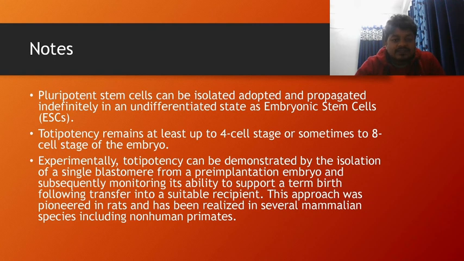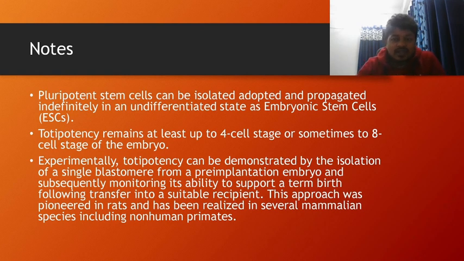And another thing is, experimentally, totipotency can be demonstrated by the isolation of a single blastomere from a pre-implantation embryo. When there is no implantation of the embryo within the uterus wall of the mother, you can collect them and demonstrate totipotency. What is important is the capacity to produce the extraembryonic membrane.